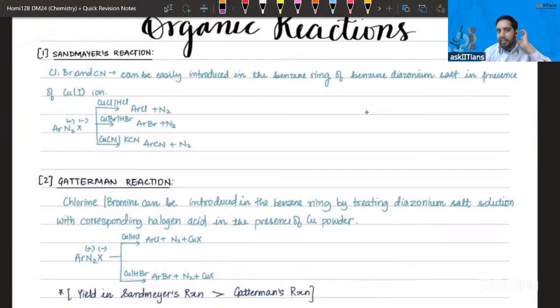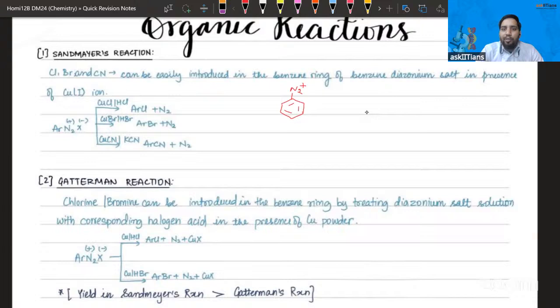In Sandmeyer's reaction, we can prepare chloro, bromo, and cyanobenzene with the help of benzene diazonium salt. So the first question is, what is the diazonium salt? Whenever a benzene ring is attached with a group which is N2 with a positive charge, this ion is known as a diazonium ion.